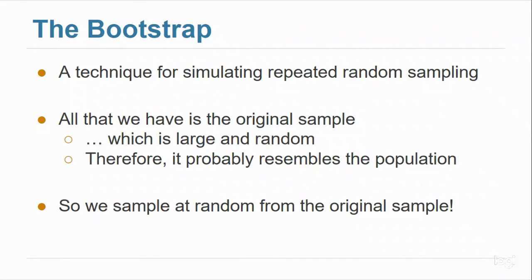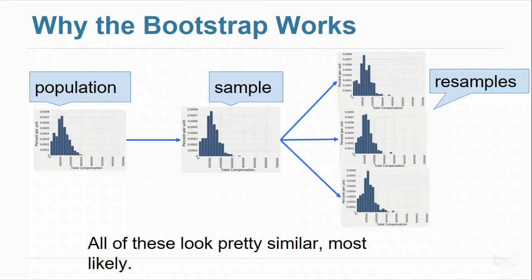We can't sample again from the population, but we could sample from our original sample. That's going to be the idea of the bootstrap. In the bootstrap, the original sample that we take looks pretty much like the population. And each of the resamples that we take is going to look pretty much like the original sample.